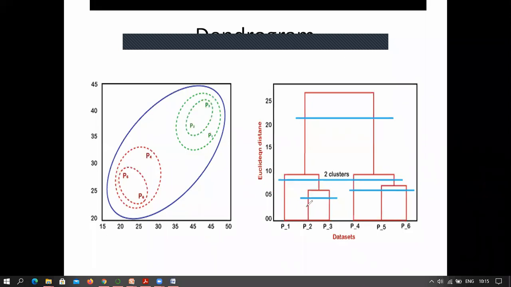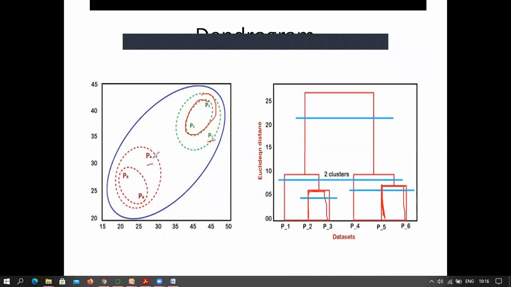Then next, from here, we have assumed this is now one cluster, and this is suppose the second cluster. The third cluster is represented by P1, and this one is a different cluster, P4.